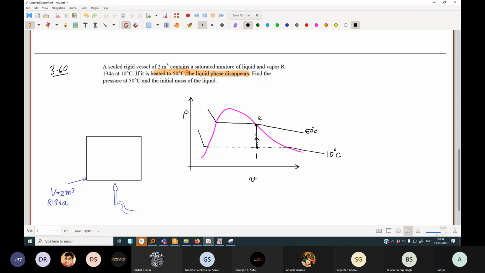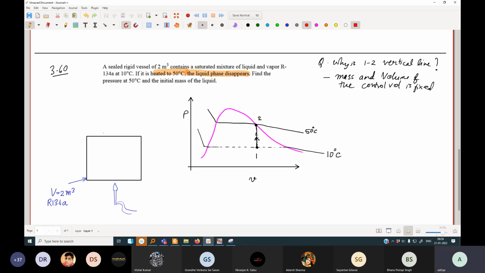So quick question, why is the 1 to 2 process a vertical line? The volume of the control volume is constant. So the answer is the mass and volume of the control volume are fixed.